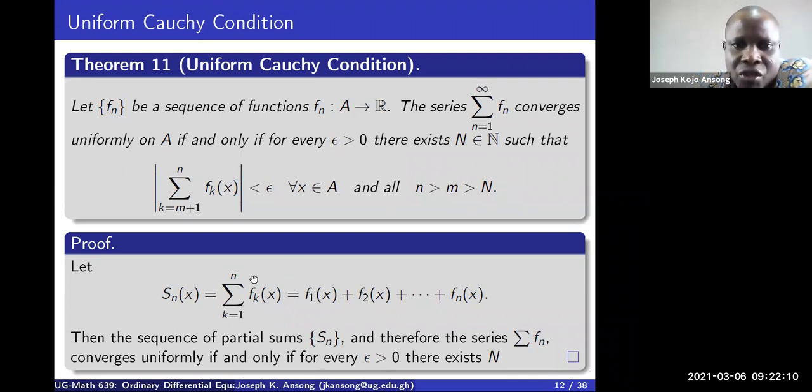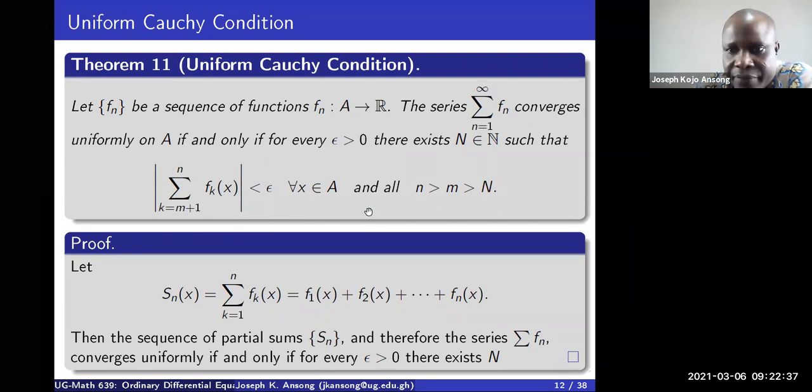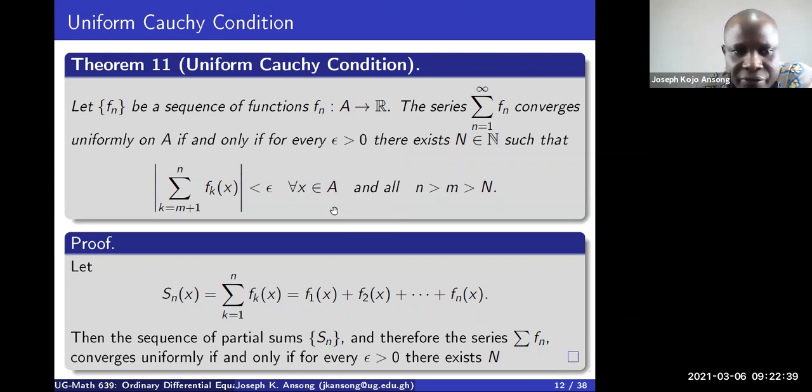So what we are going to do is show this first. We're going to show that if the series converges, then this bound actually holds. This bound is basically a bound for the partial sums. And then on the other hand, we'll suppose that the partial sums are bounded, and if so, then the series converges uniformly.